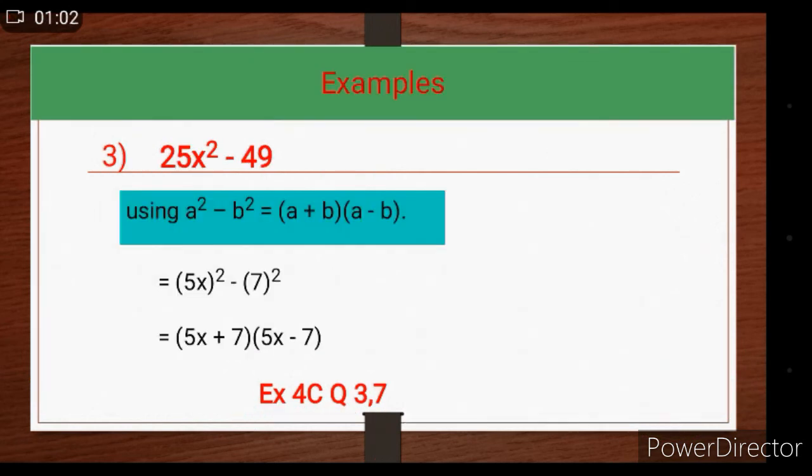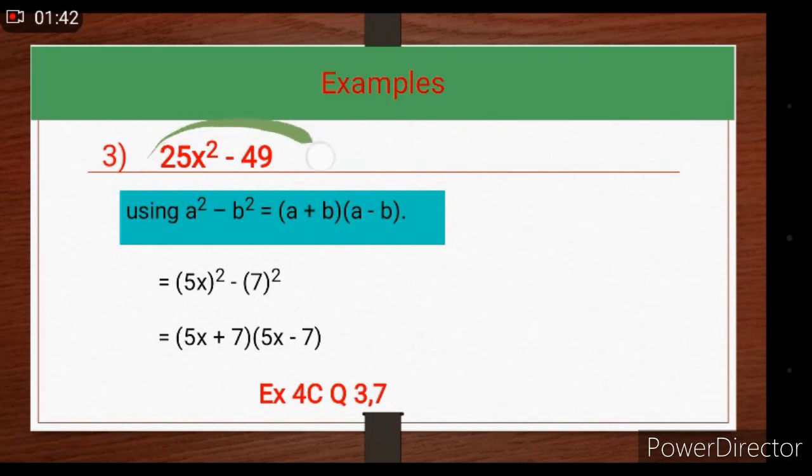Now example 3, here we have 25x square minus 49. This is the third identity because we have the difference of two squares. 25x square is the square of 5x and 49 is the square of 7, and it would be equal to 5x plus 7 times 5x minus 7, as we know that if we have an expression such as a square minus b square, it will be equal to its factors. Those factors are a plus b and a minus b.